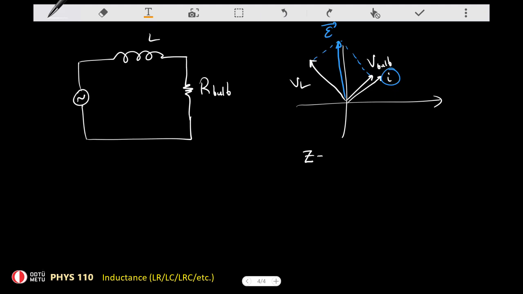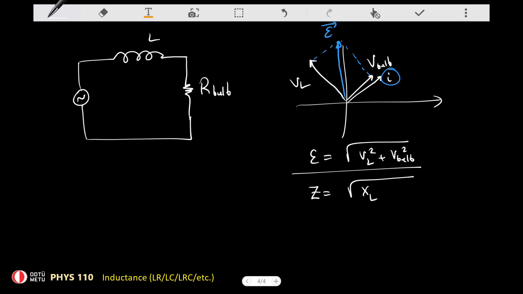Let's start by writing this once: EMF is equal to the square root of V_L squared plus V_bulb squared. The same kind of relationship is valid between the impedance, the reactance of the inductor, and the resistance of the light bulb. We want the impedance to be 2 times R_bulb.